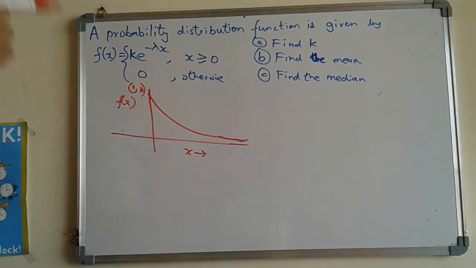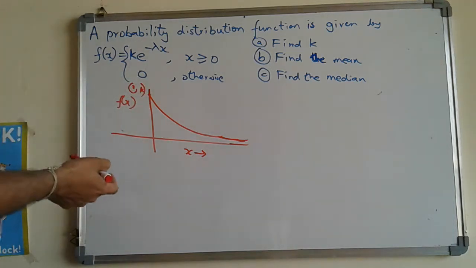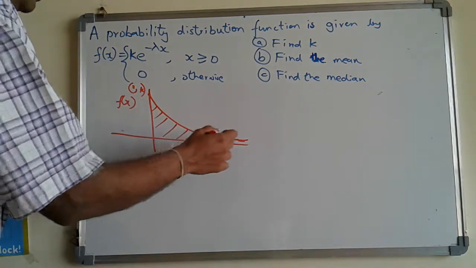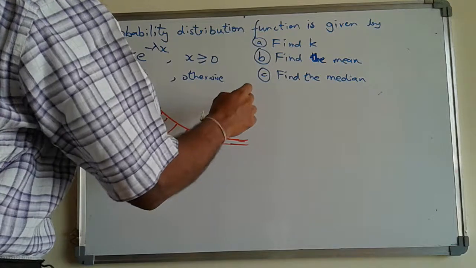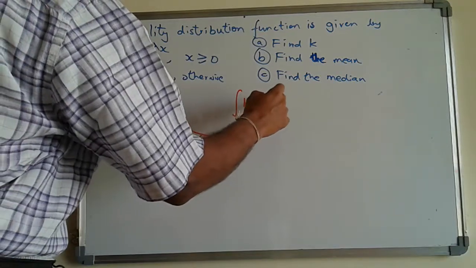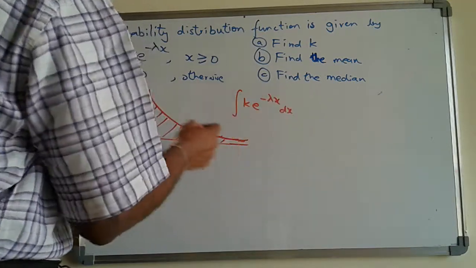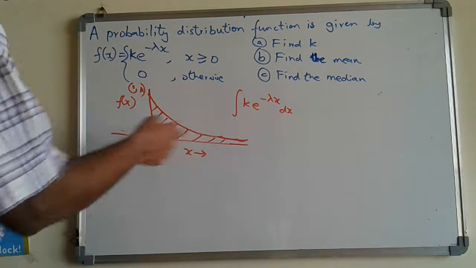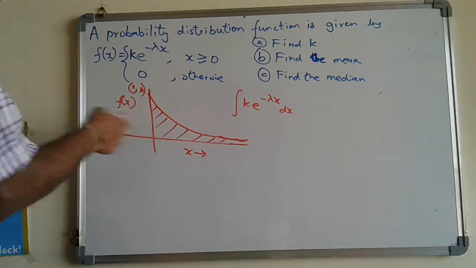Now what we want here is the value of k itself. Clearly the area under a probability distribution function must be 1. So we integrate k e power minus lambda x dx. Since the distribution function doesn't have any weight outside of 0 to infinity, we don't have to bother integrating anything there.